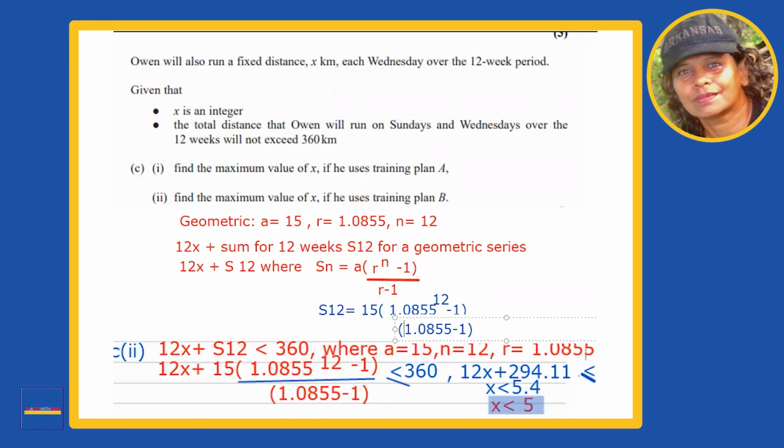I'm just substituting the values that I know, where A is 15, R is 1.0855 and n is 12.